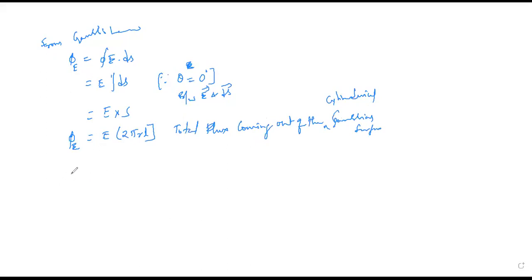Now, what is the total charge enclosed by this Gaussian surface? Just like how we did in the sphere, the same thing we have to apply for the cylinder. I am repeating again: what is the total charge enclosed by the Gaussian surface?